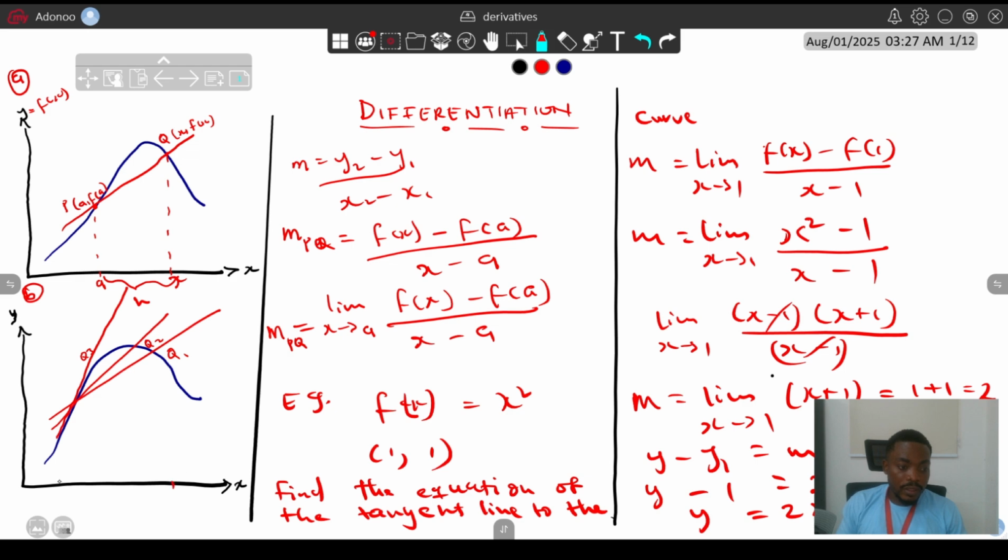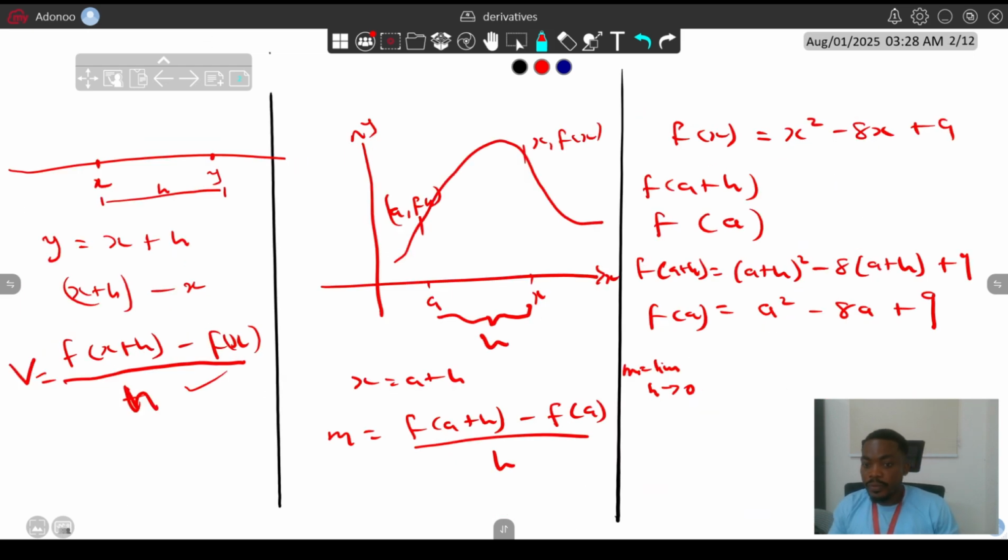So if this is a and this is x, this is our new x, and here, another new x. So the distance begins to close down. So as x approaches a, h approaches 0, because the gap between a and x begins to close as we move to the left.